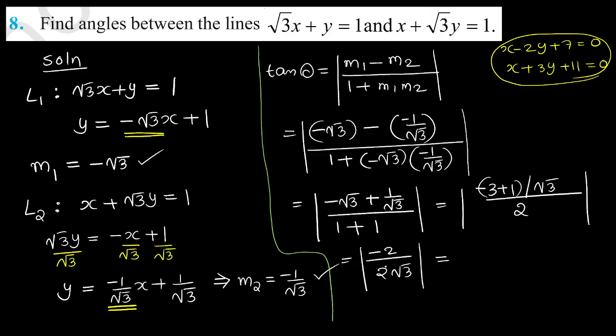The 2 cancels and the negative is also removed by the modulus sign. You will get 1 by root 3. Tan theta equals 1 by root 3. What is theta? 30 degrees. You know that tan 30 is 1 by root 3, studied in trigonometry. So theta is 30 degrees.